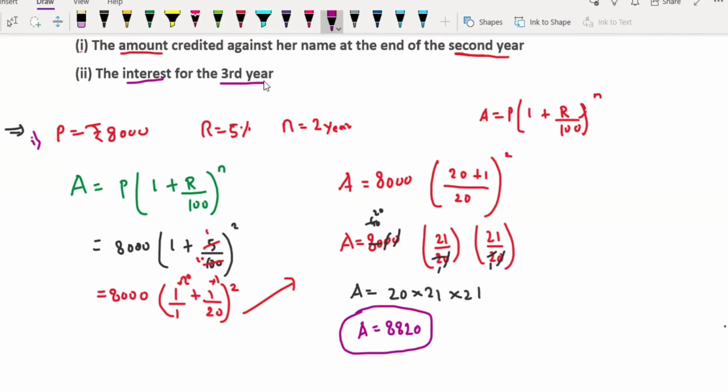So in a simple way, whatever amount we got, we will consider that as our principal for the third year. That 8,820, which was the amount for the second year, becomes the principal for the third year, and with the help of that principal, we are going to find the interest.